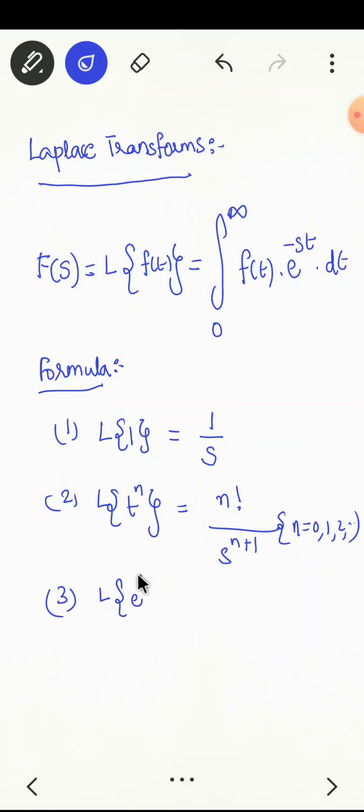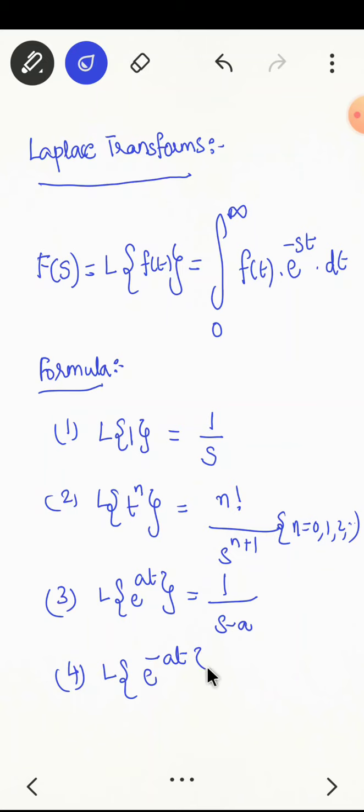Then Laplace of e raised to power at is 1 by s minus a. Laplace of e raised to power minus at, can you tell me? It's also very easy, 1 by s plus a; if there is minus a, then here s minus a.